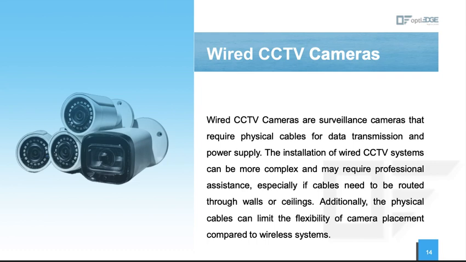And that's why we say wired CCTV cameras are surveillance cameras that require physical cables, like I told you, for data transmission and power supply. So in that cable, there are two types. There is the coaxial, which is used for video transmission, and there is the other one which is used to transmit power. Okay, the installation of wired CCTV systems can be more complex.